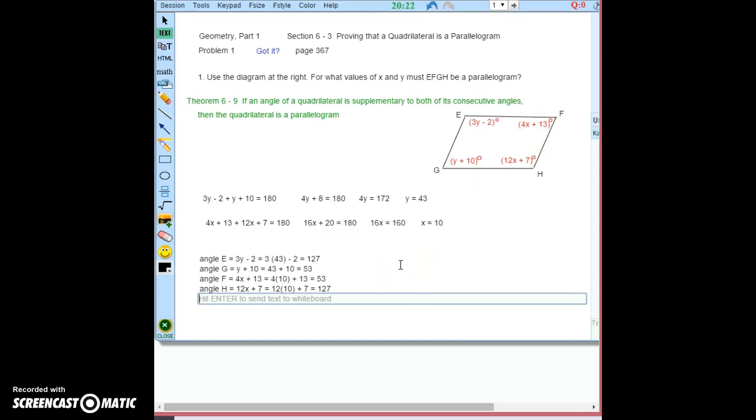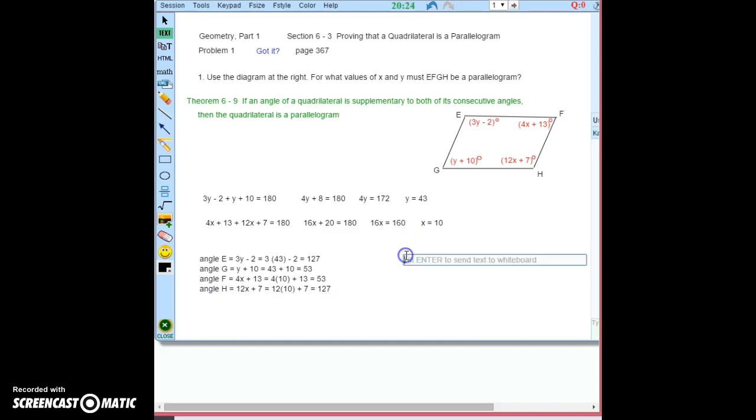So you just have to look and see that angle E plus angle G is 127 plus 53, which equals 180. And angle E plus angle F would be also 127 plus 53, which equals 180.